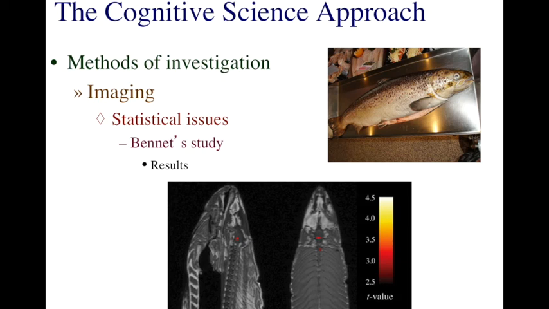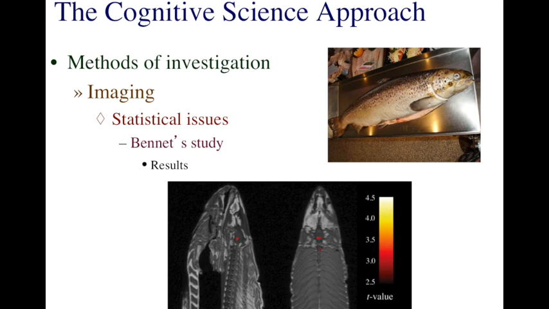You see, these areas have lit up. Bennett was actually simply calibrating his experiment when he collected this data. So they wanted to put some tissue into the MRI machine to make sure the experiment would run properly. These experiments are very expensive to run, so you do want to make sure it runs properly.